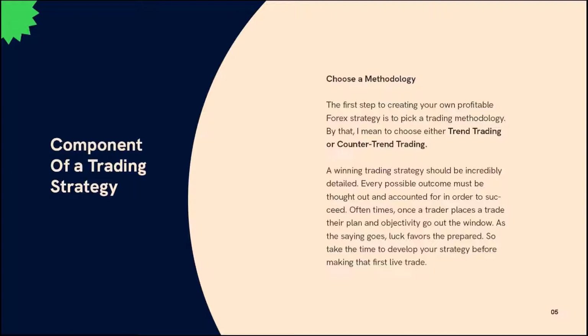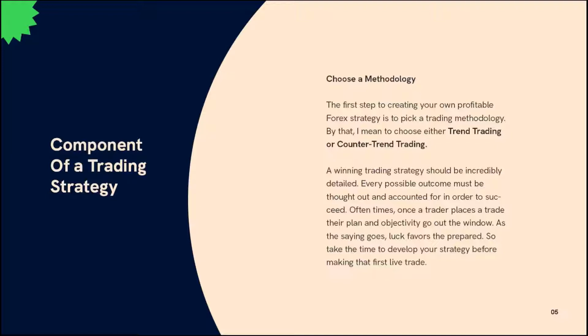Now, a winning trading strategy should be incredibly detailed. It must be detailed to the core, so that you understand what the market has to offer you. It must be so detailed that you understand the chances of this trade playing out.